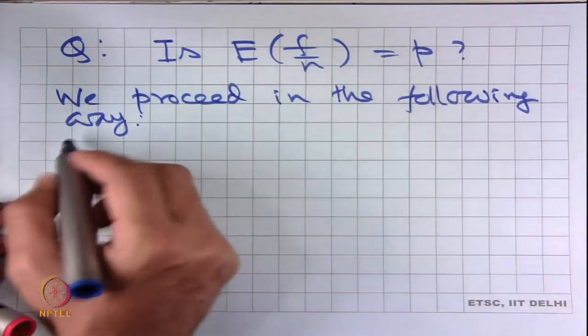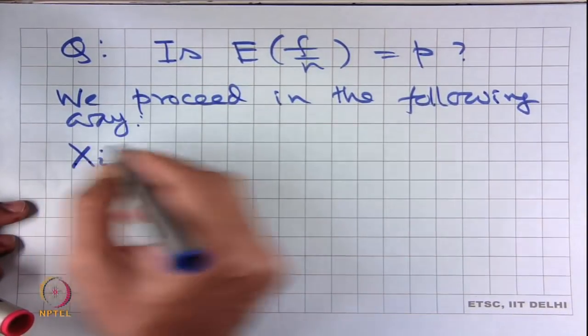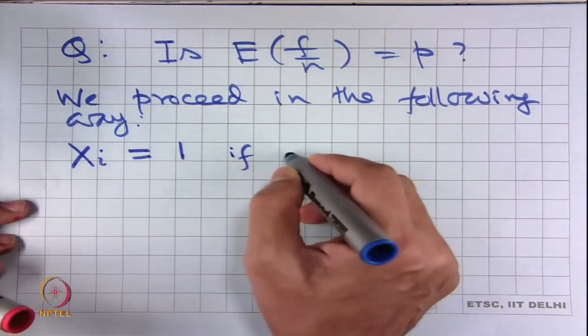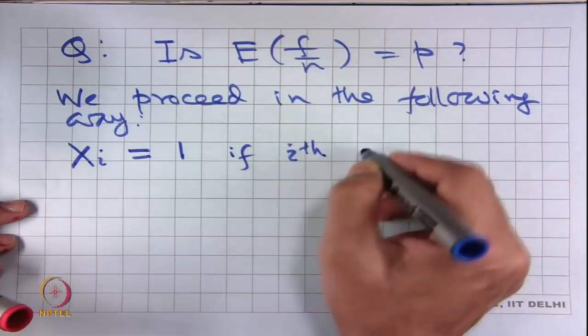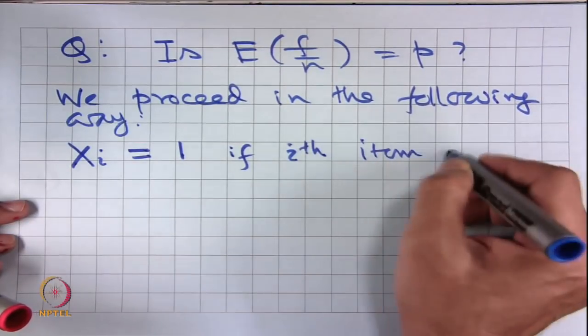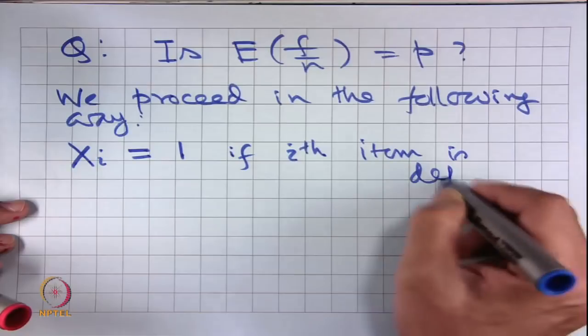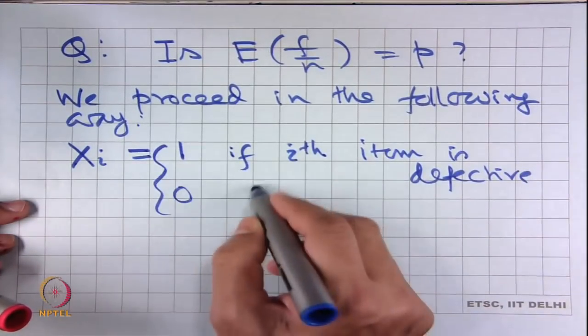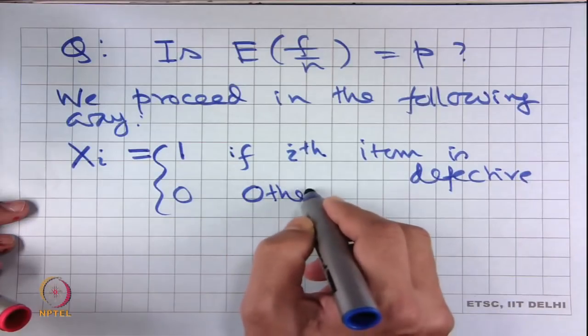We define a random variable x i, which is 1 if the ith item is defective and 0 otherwise.